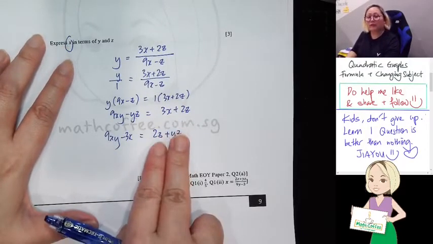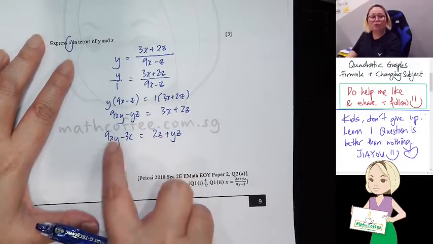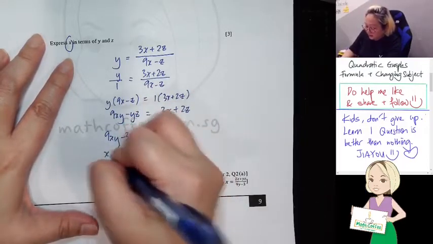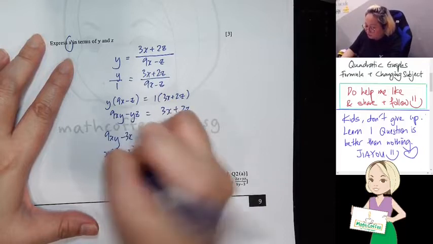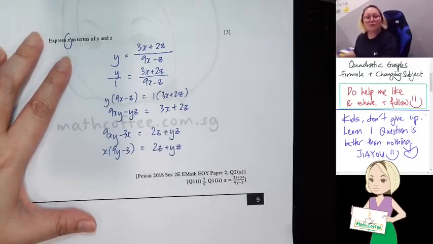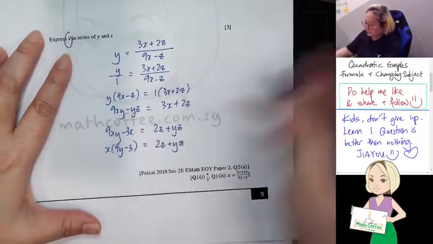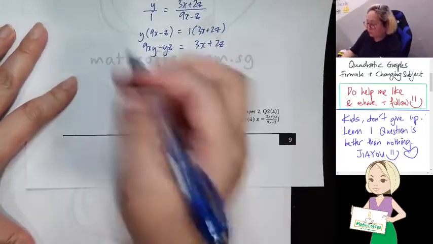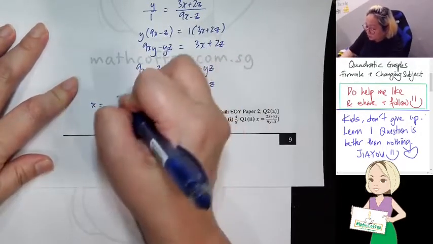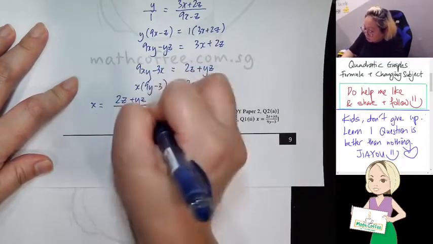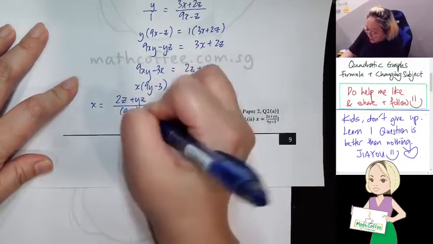Okay, these two terms have no x, so maintain that. So two terms that have x, I take out common factor x. Take out x, I get 9y minus 3. So all I need to do, the last step is, this is x times 9y minus 3. So x will be equals to 2z plus yz over 9y minus 3.